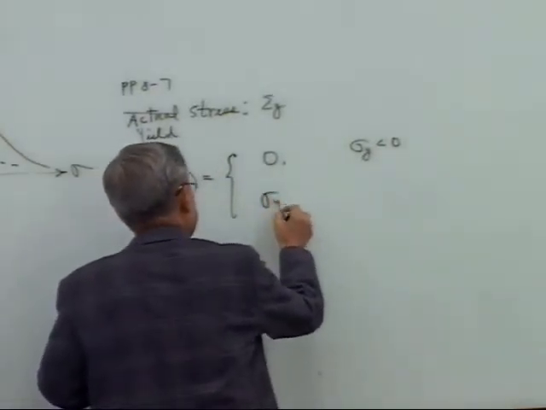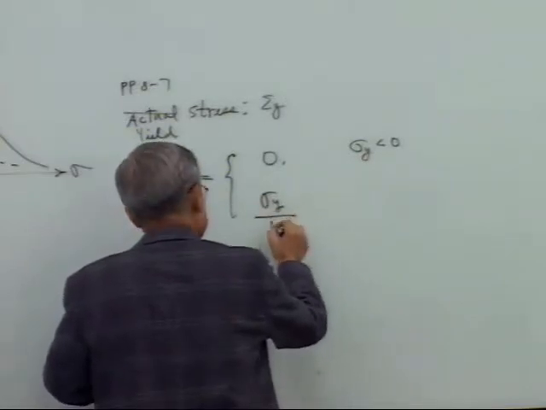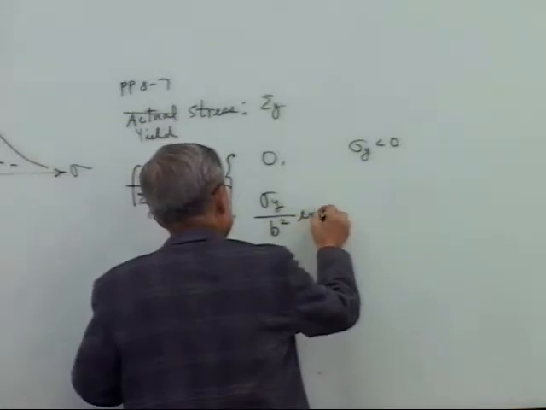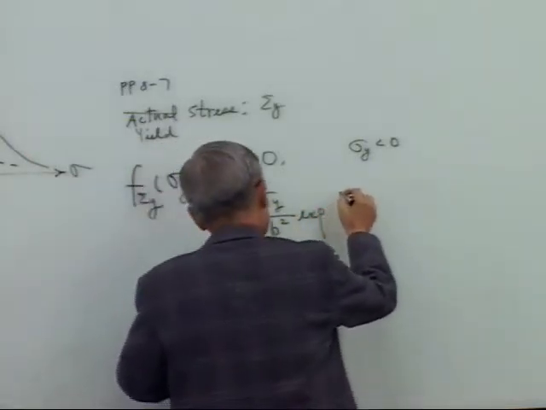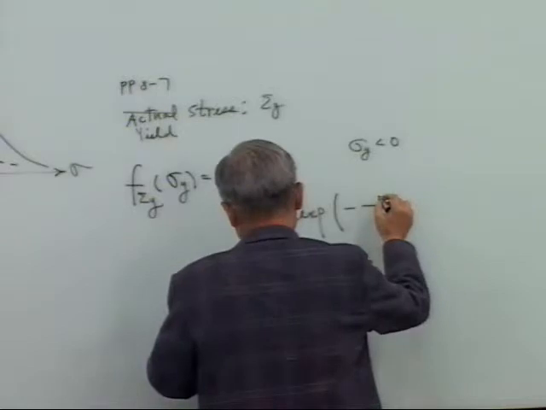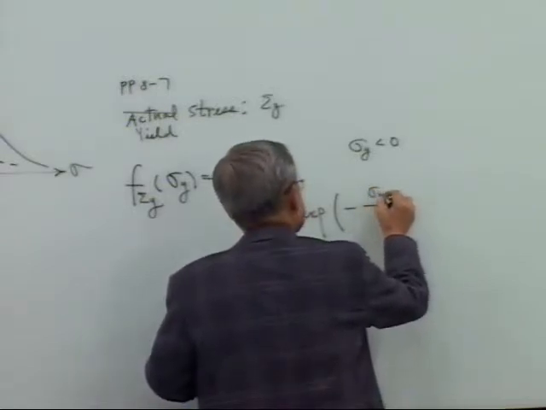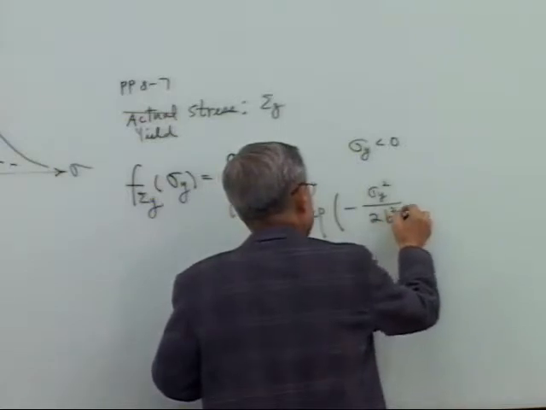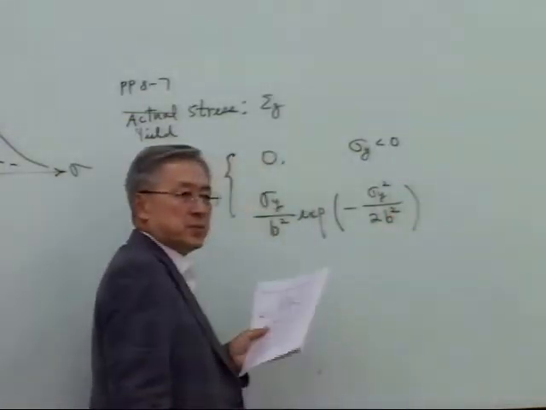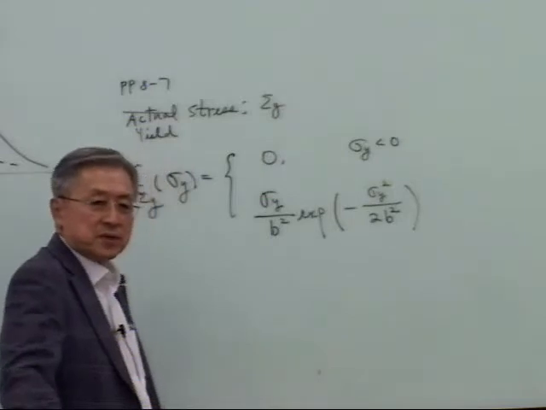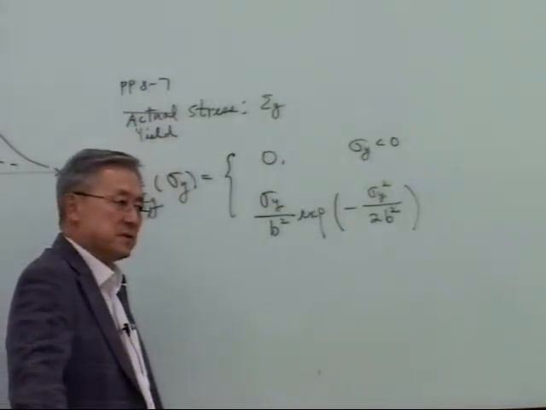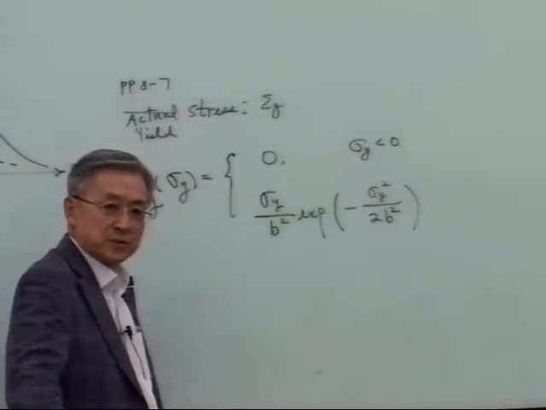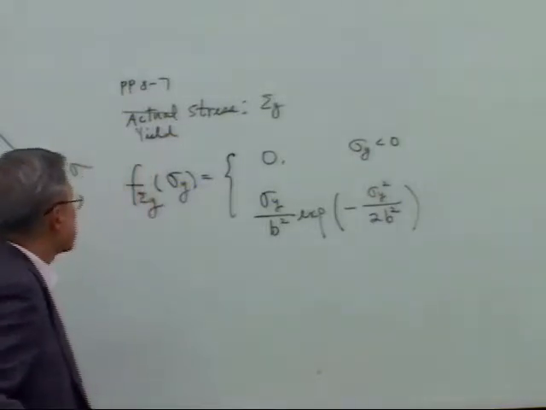And sigma y, b, square, exponential, minus sigma y square. What does the b here do for the curve? B is the only parameter in the Rayleigh distribution.